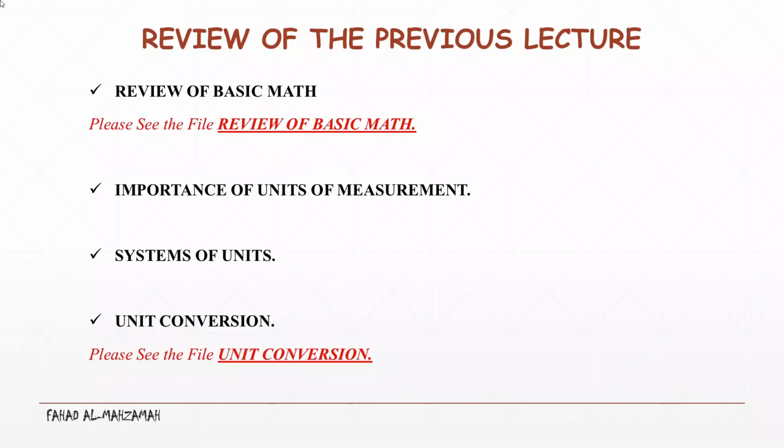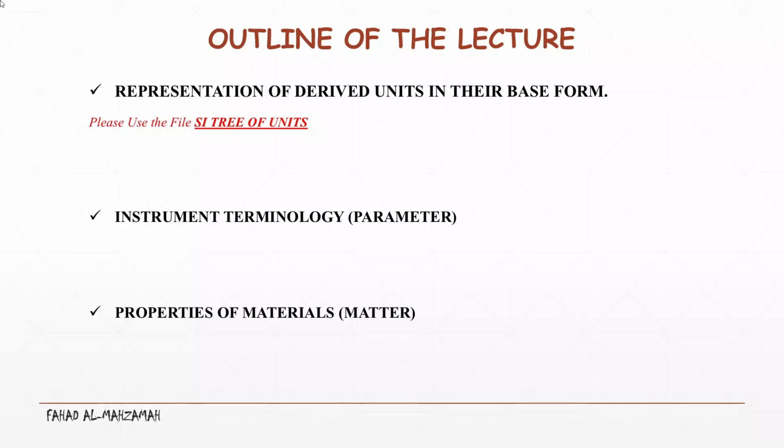This week we are going to have these three outlines or these three sections. It's going to be somewhat long, but it's very important to focus during this lecture and to solve the examples and exercises for this lecture. In the beginning, we are going to study the representation of the derived units in their base units form, and we have a file that is called the SI tree of units.